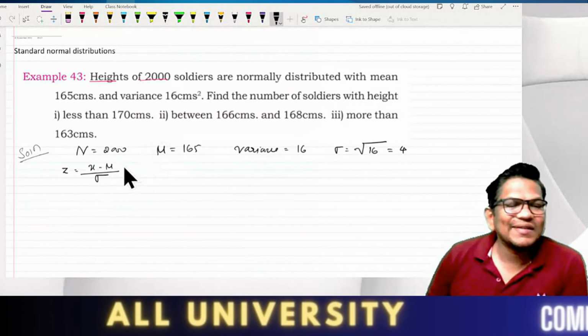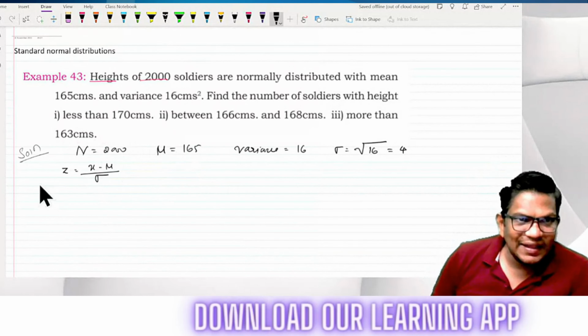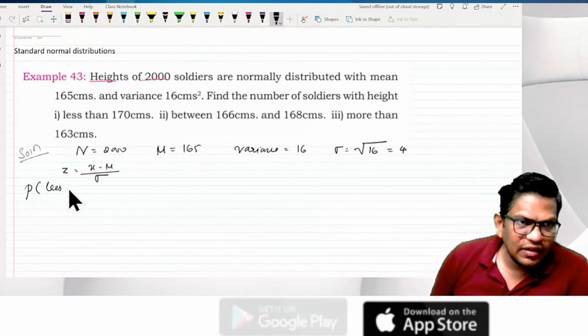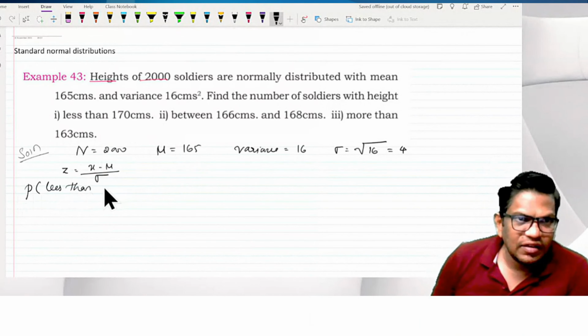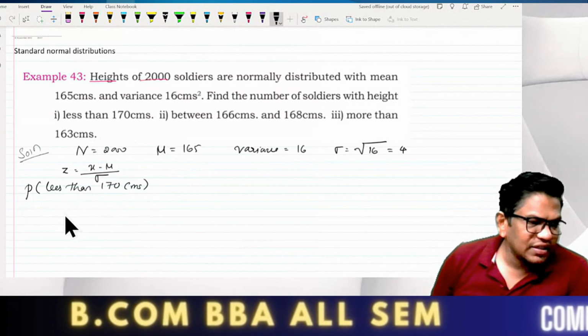Now what is next? Very simple, my dear student. Here they have given less than, so write down P of x less than 170 centimeter.